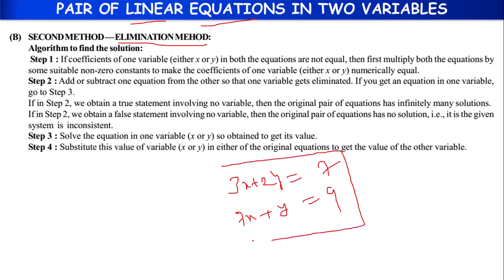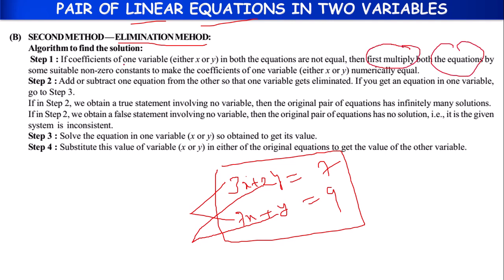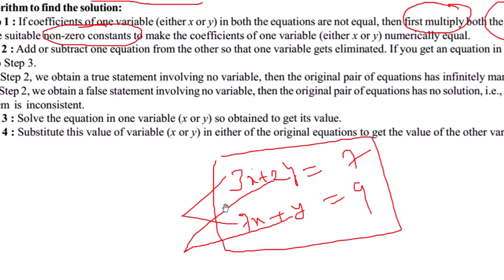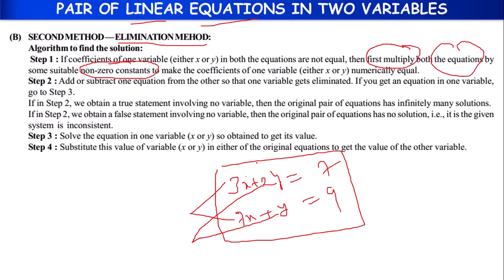Then we have to change the equations in such a manner that either the coefficient of x or the coefficient of y becomes equal. If the coefficients are not equal in the beginning, we have to multiply the equations by some suitable non-zero constants, such that any one of the coefficients, either x or y, becomes equal.